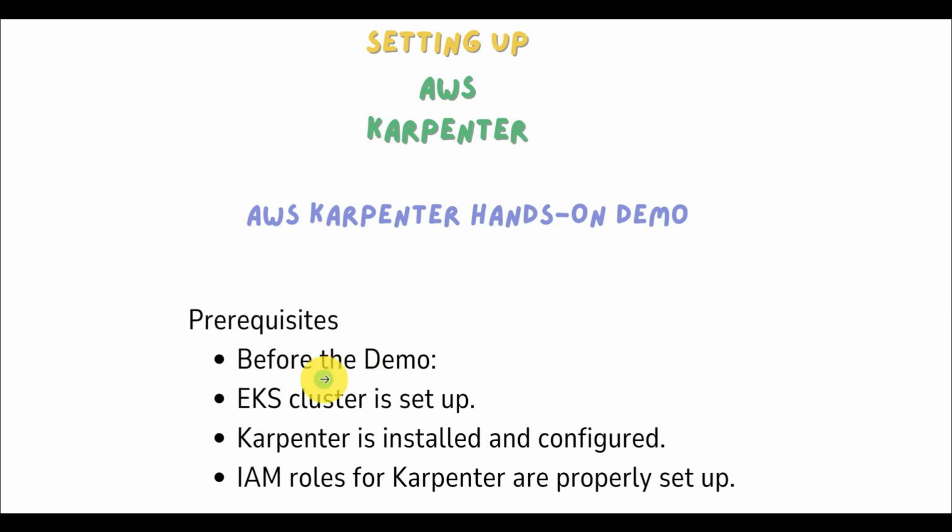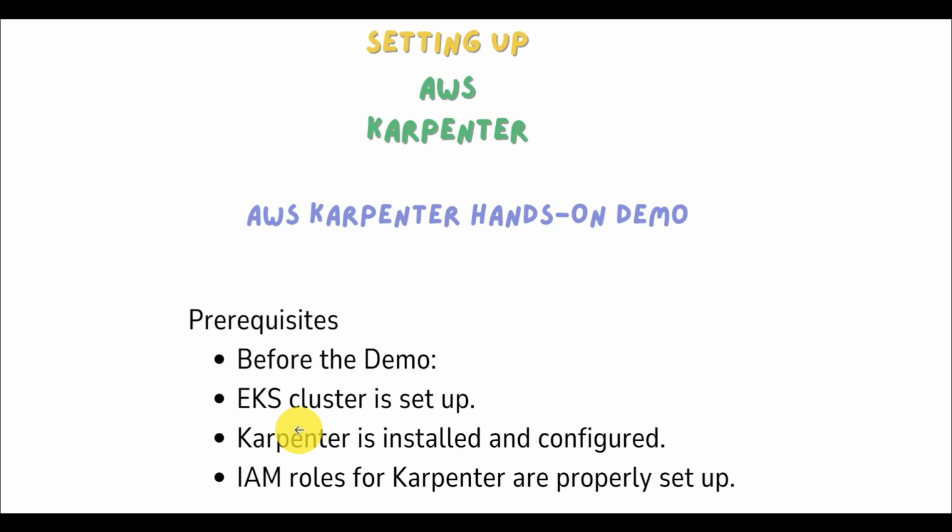All right, so the prerequisite is that we need to have an EKS cluster ready so that we can deploy our Karpenter, and we should have all the IAM roles and Karpenter set up properly. Now, I'll show you what I'm using to achieve all that. It's going to be pretty simple. You can also use that, but that is just for demo purposes.